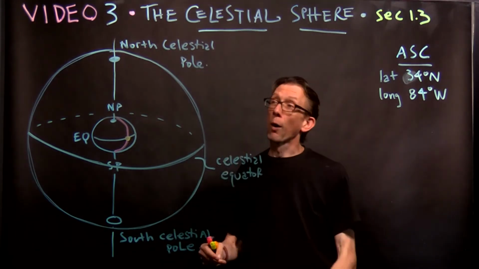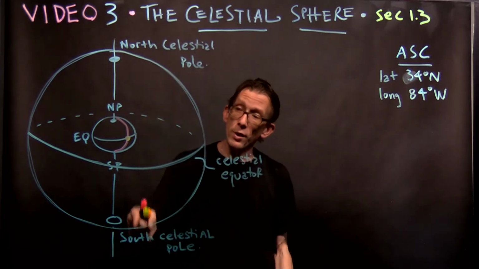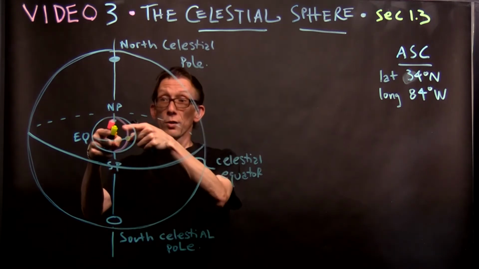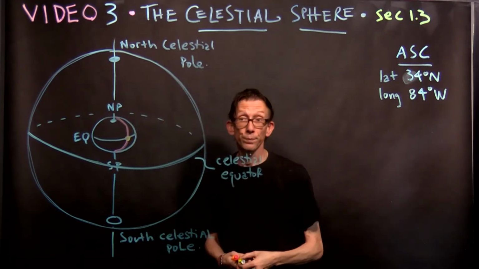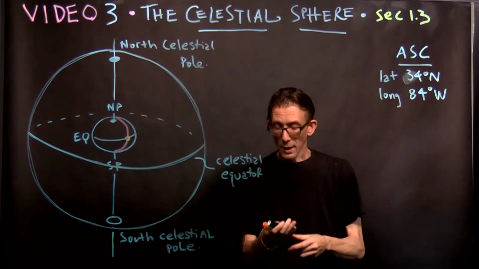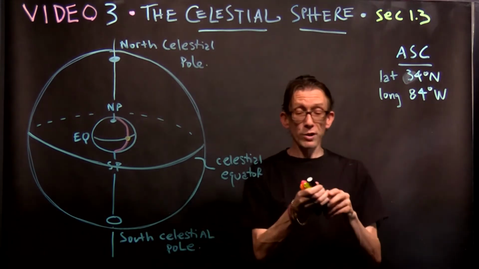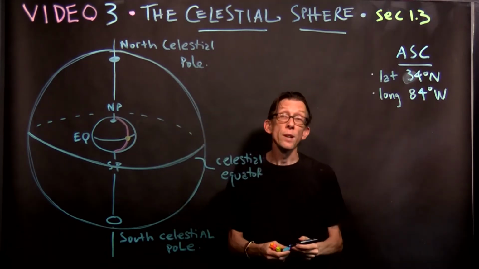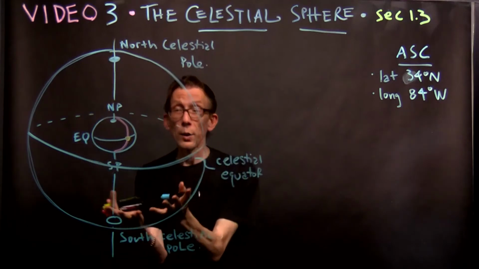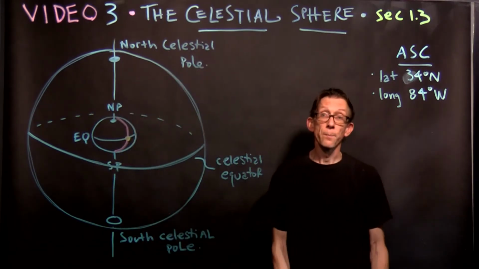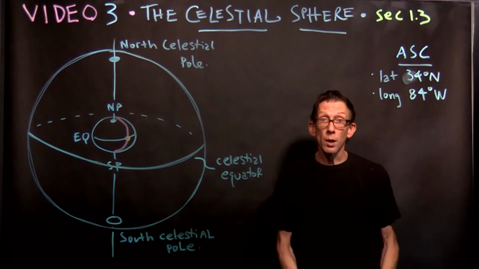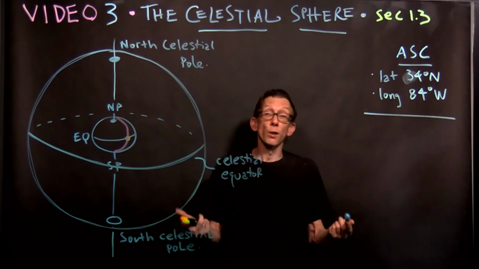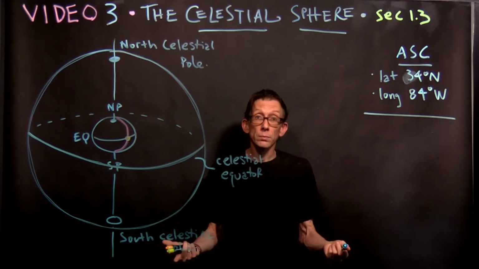So in other words, there are matching points for the poles, and there's a matching circle for the equator, matching on the terrestrial sphere and on the celestial sphere. And there is also a latitude and longitude grid set here. You know, the grid on the planet. We also have a grid that we can imagine on the celestial sphere, with also two numbers that indicate any particular location on that sphere.